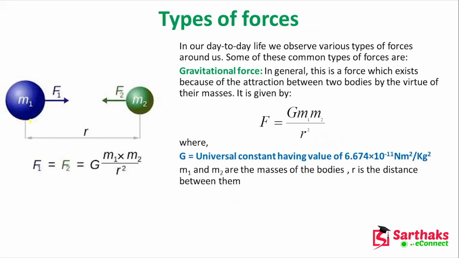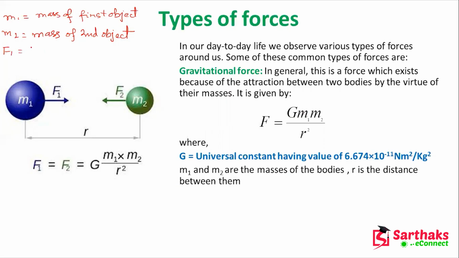Now if you have two objects having the mass m1, here m1 is the mass of the first object or sphere, and m2 is the mass of the second object.